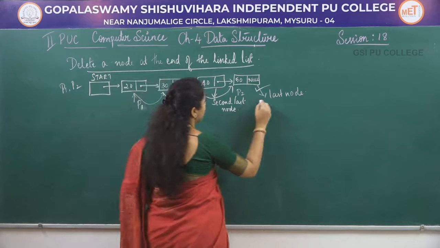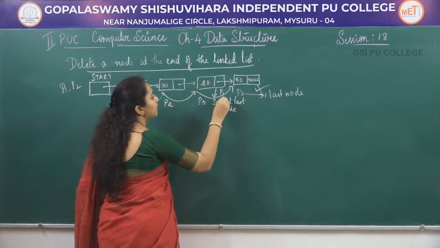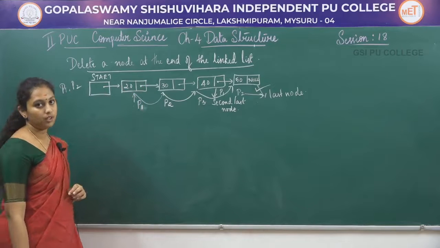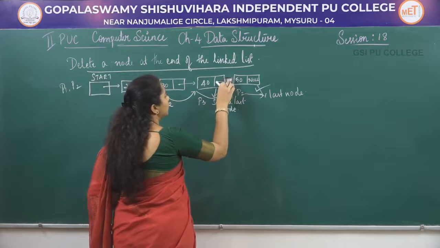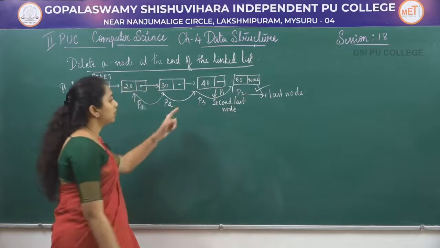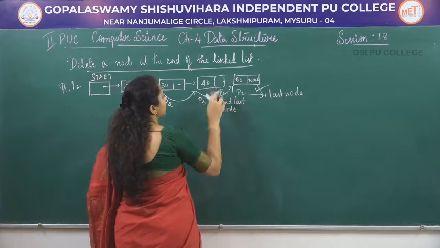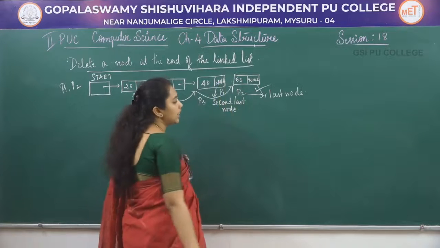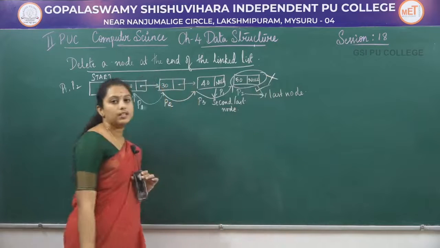So I consider this as the last node, and the previous node, the second last node. While deleting, first I have to remove the link from the third node to the fourth node. So in the third node, I write null, and we free this last node.